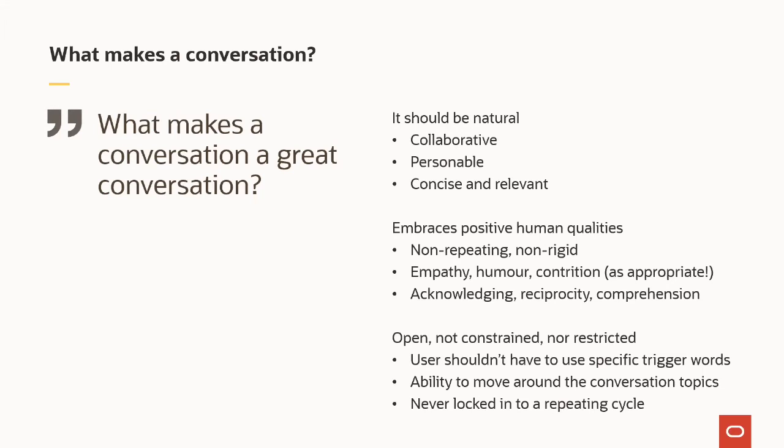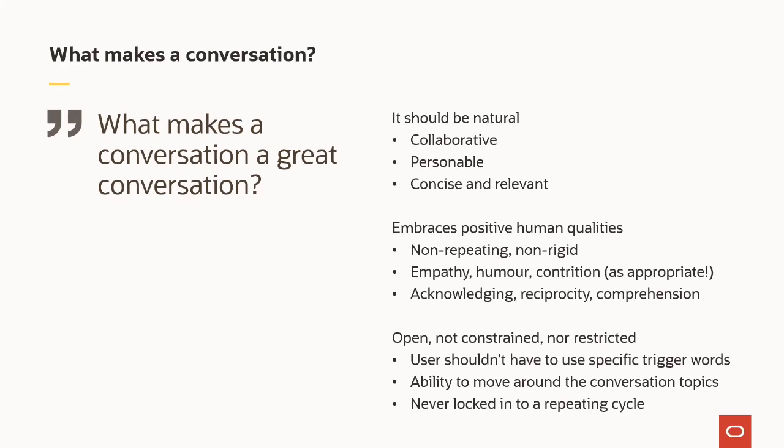It should be relevant, it should be concise, it should be embracing what I think is called anthropomorphic, which is projecting human-like characteristics, in language that would be non-repeating, non-rigid. There should be contrition. The bot might say sorry, or say something positive.